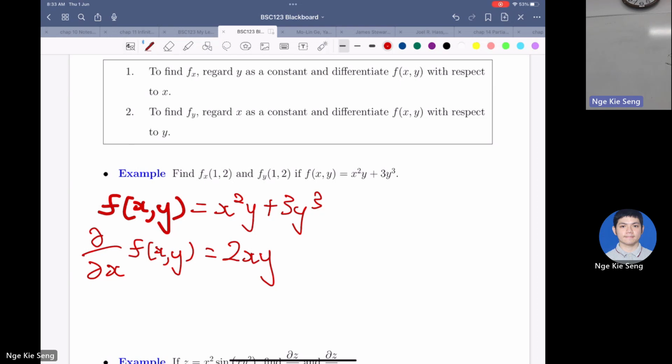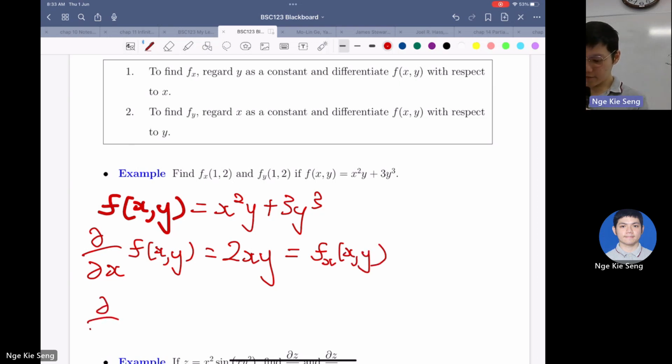There's another thing I use here: this operator is actually linear, so I can differentiate term by term and then add them up. Make sense? Okay, so this is our fx(x,y).